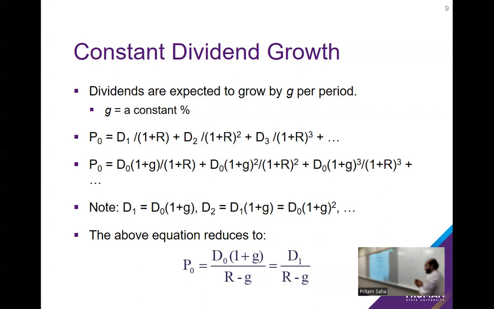Now let me explain some common errors you people make. The first common error: even if the test mentions the company will pay a dividend of $5 next year, you guys make it grow again. No. Be careful here.